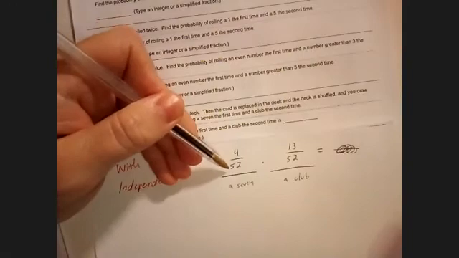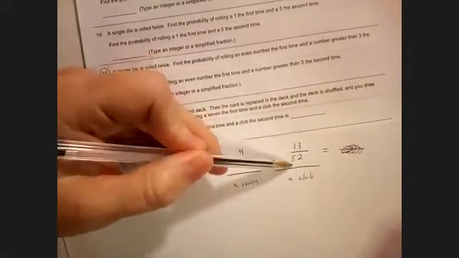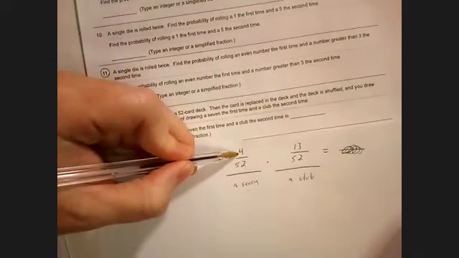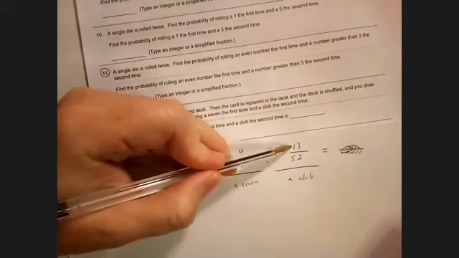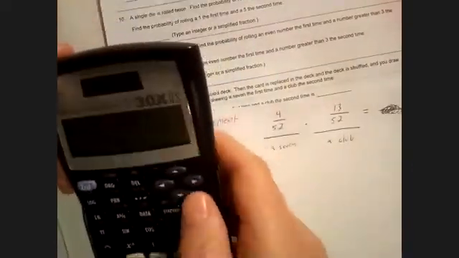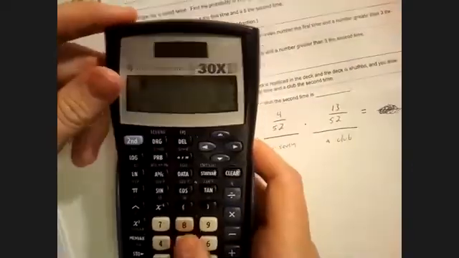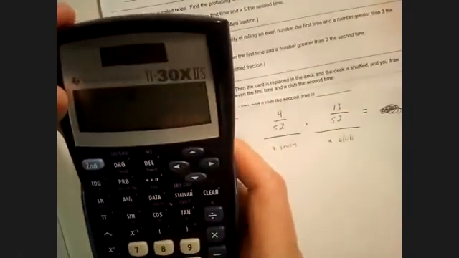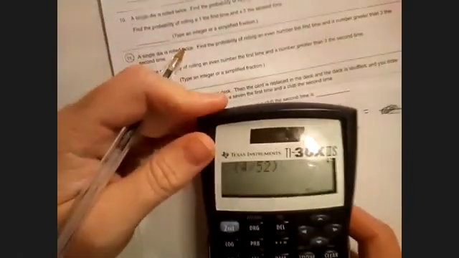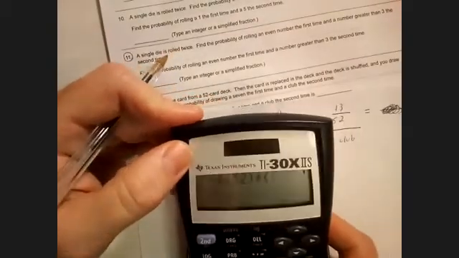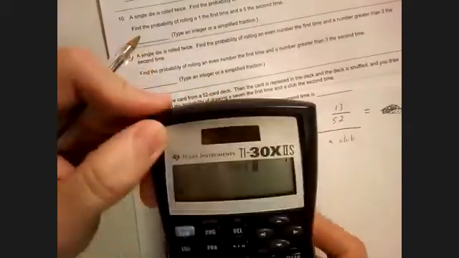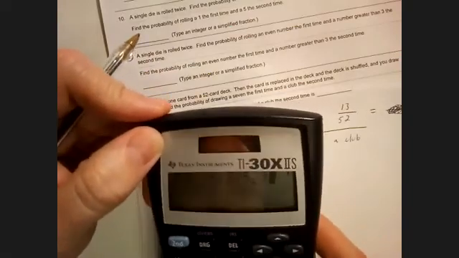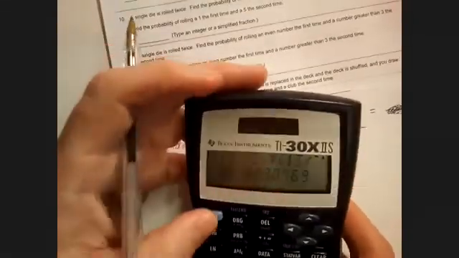I can make that 1 over 13, and this would be 4 over 52, which I could reduce. Or I could just type them in. Since most of you will probably type these in, I'm just going to type it: 4 divided by 52 times, open parentheses, 13 divided by 52. Ugly decimal, second PRB.